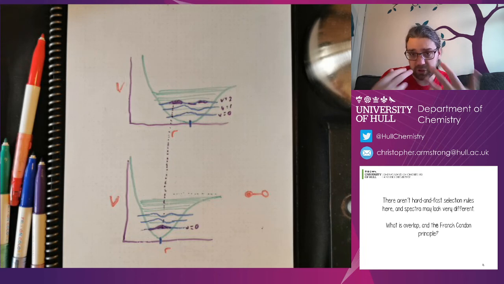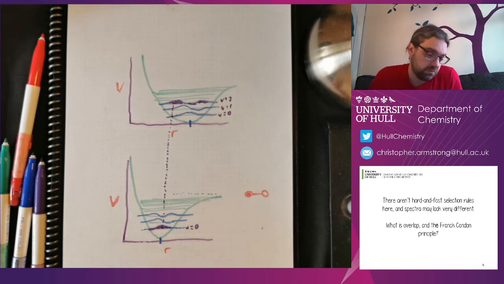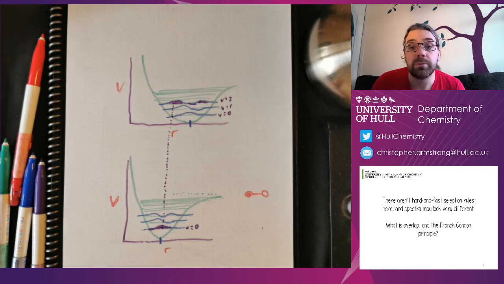If the overlap is good, the transition happens. If the overlap is poor, the transition is at least less likely to happen. And that's the general idea behind selection rules. So that's the Franck-Condon principle. If the overlap between them is really good, we see the transition.